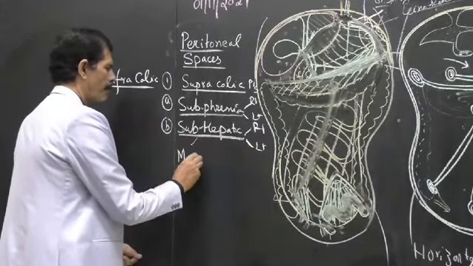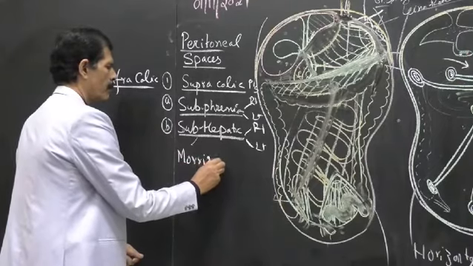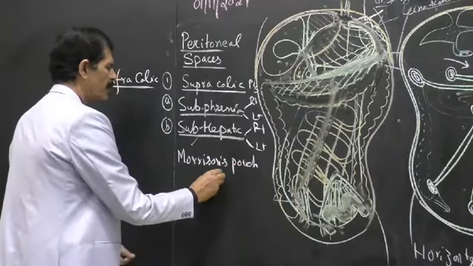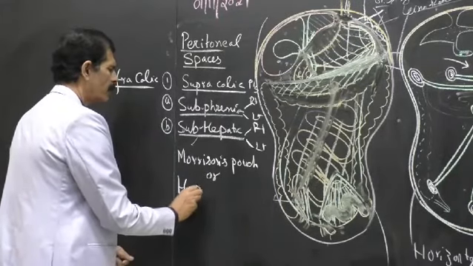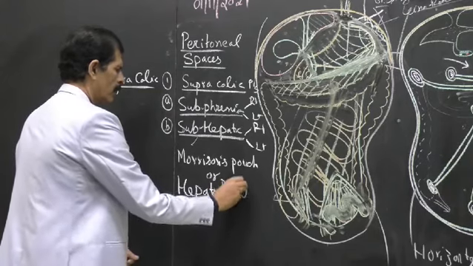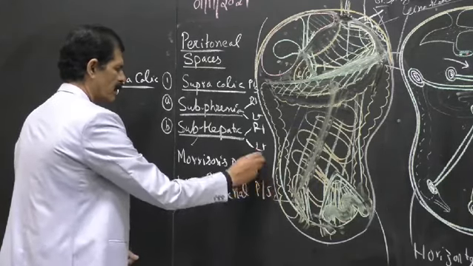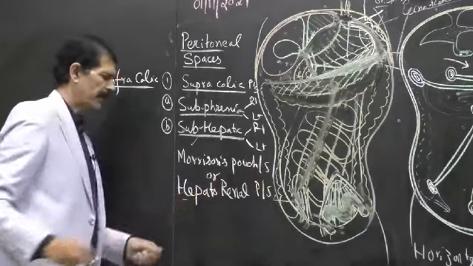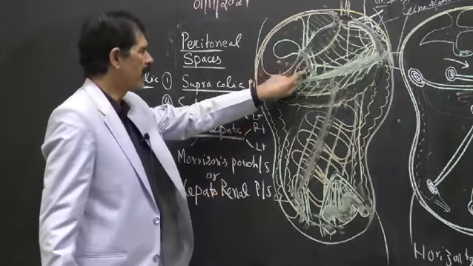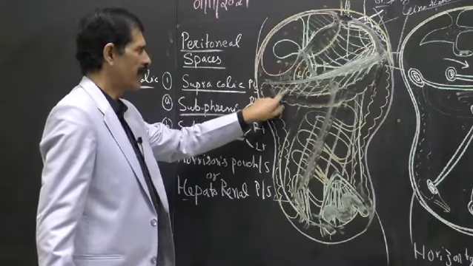Morison's pouch. Its second name is hepatorenal pouch. The name says hepato means liver and renal means kidney, because here lies the right kidney.